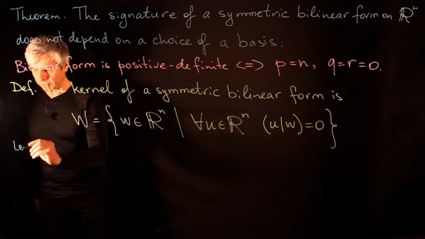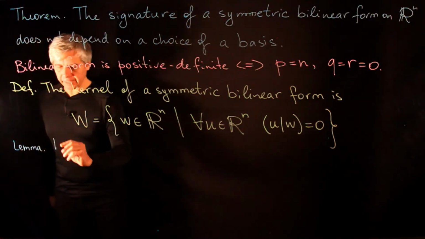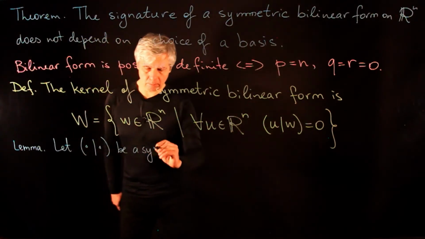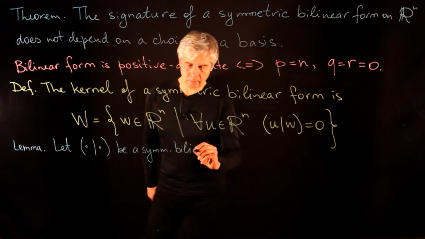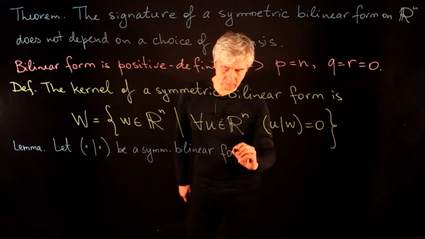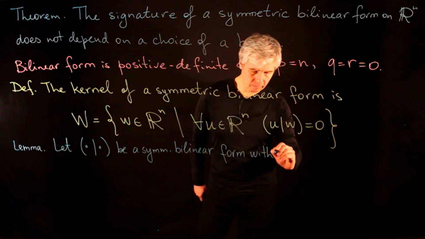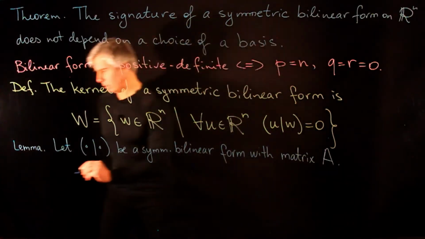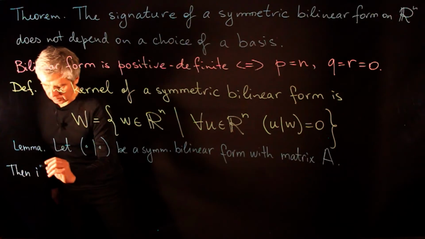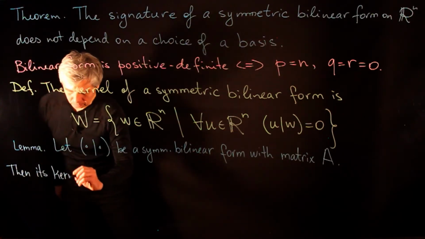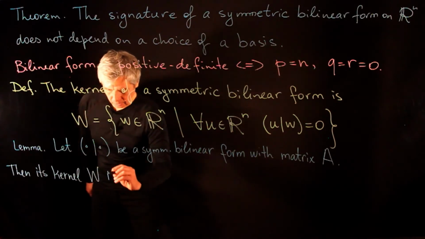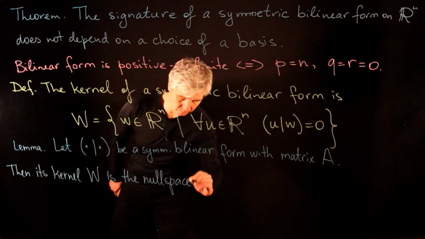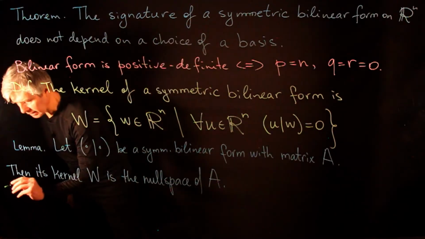We have the following lemma. Let us have a bilinear form with matrix A. Then its kernel W is the null space of A. Let's give a proof.